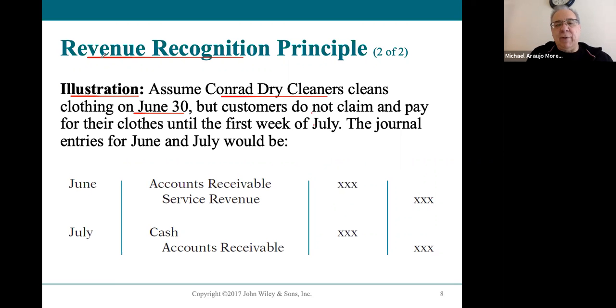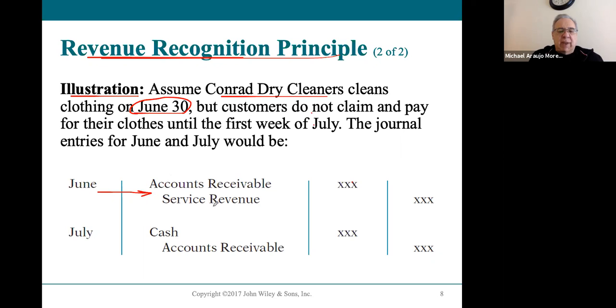Well, according to the revenue recognition principle, the work was done on June 30th, and so the revenue must be shown on the books and recognized on June 30th. And so, because they haven't paid for it, they would debit accounts receivable and credit service revenue.